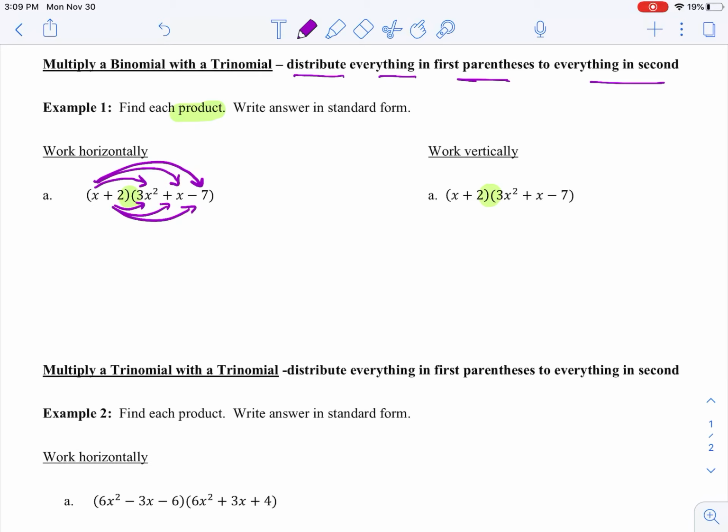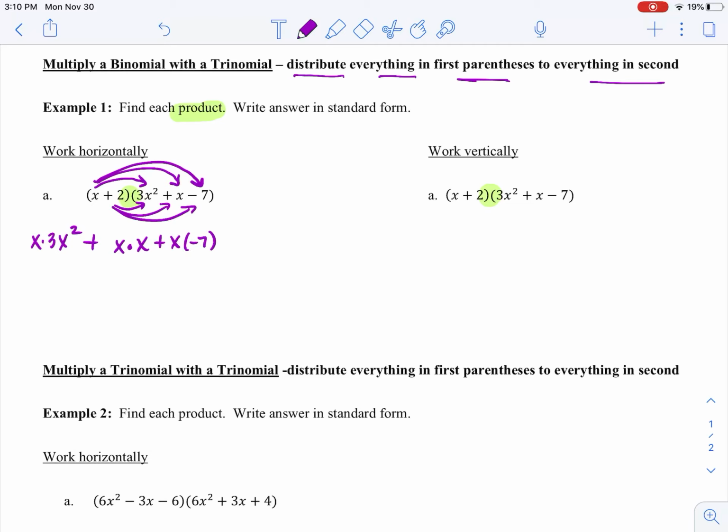So if we do that first arrow, the x times the 3x squared. So we're going to do x times 3x squared plus, we're going to do x times the x plus, we're going to do the x times the negative 7. That would be those first 3 arrows that are coming out of the x. If we do the next 3 arrows, and I'm kind of writing big, so let me make this a little smaller.